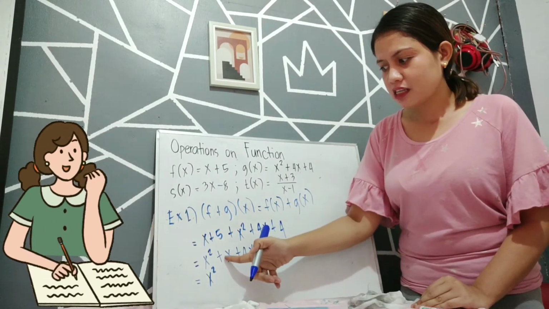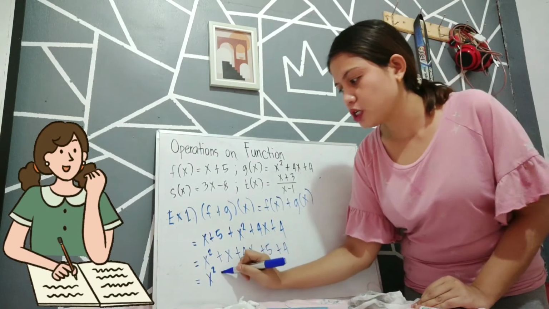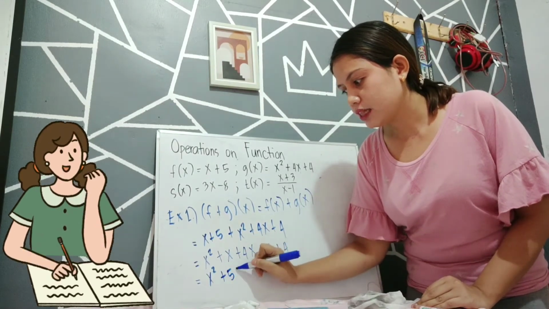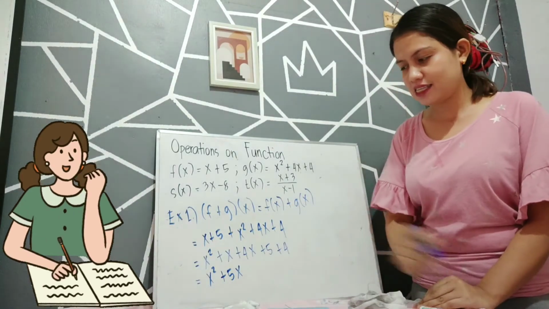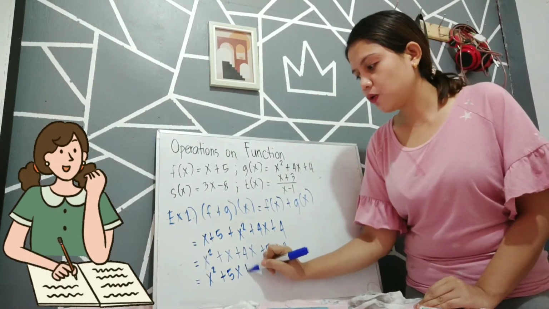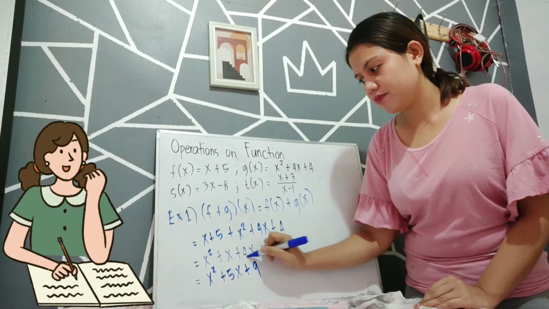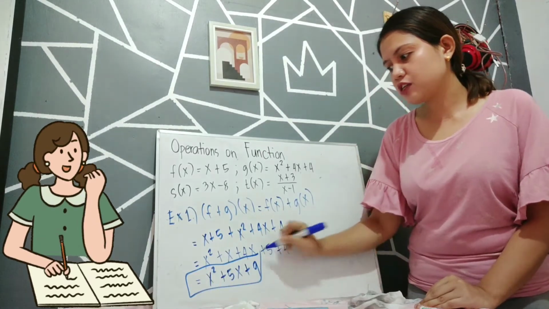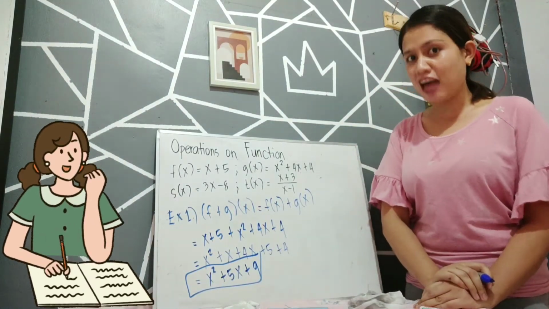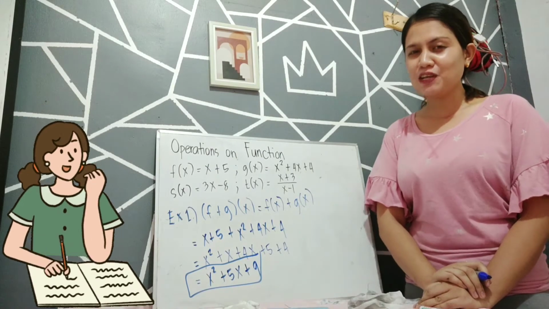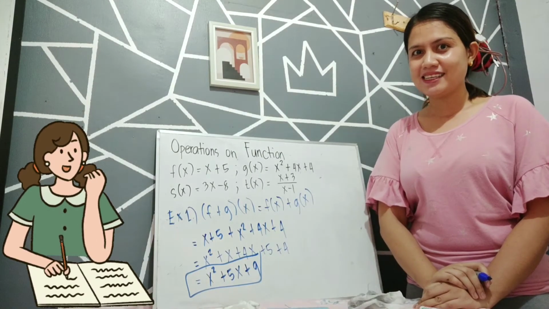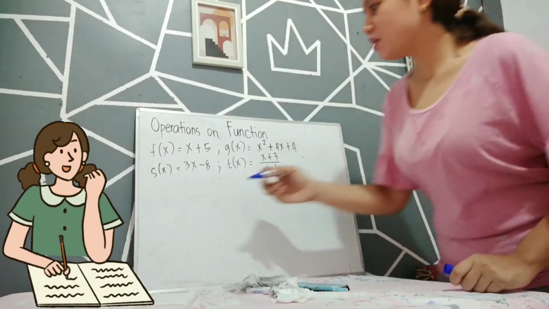Here, x is 1 plus 4, so you have 5. Then you copy the variable x. 5 plus 4, you have 9. So our final answer is x squared plus 5x plus 9. Do you have any questions? Okay, let's have more examples.